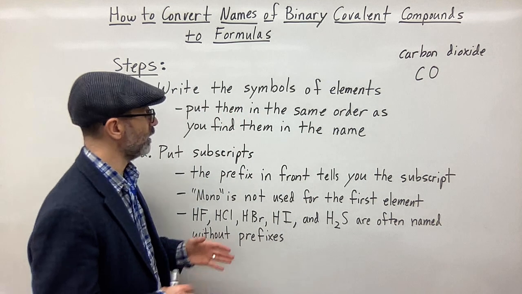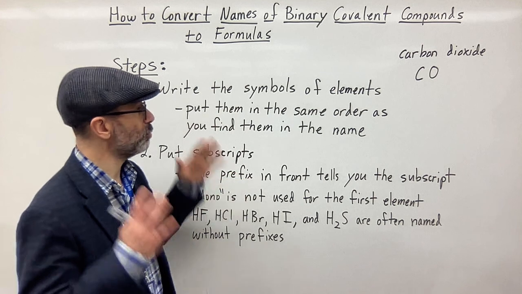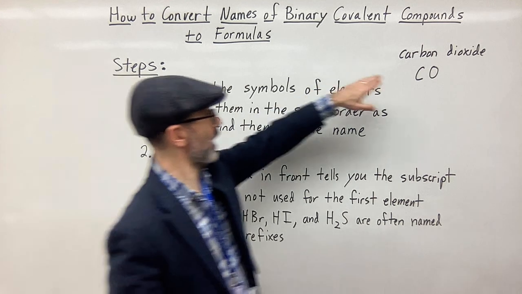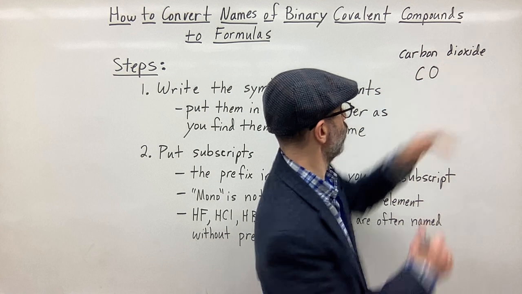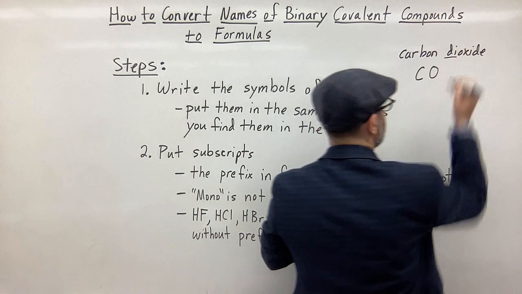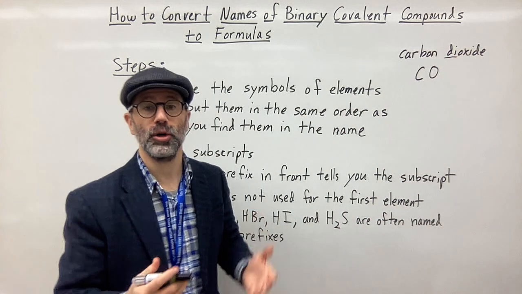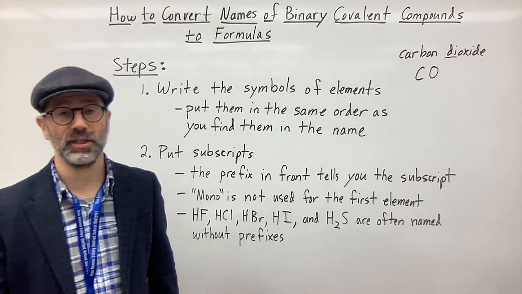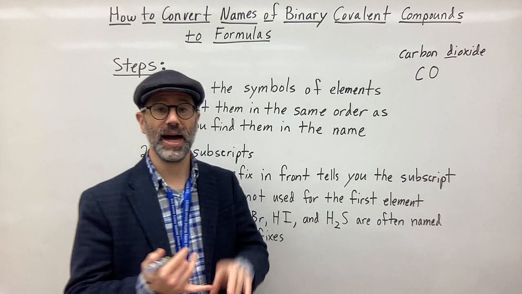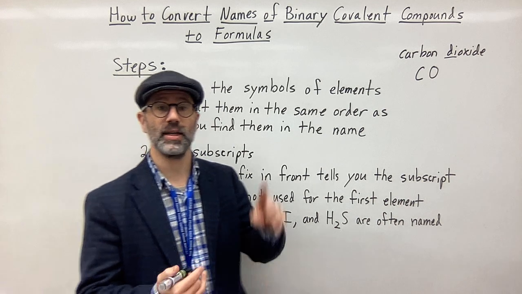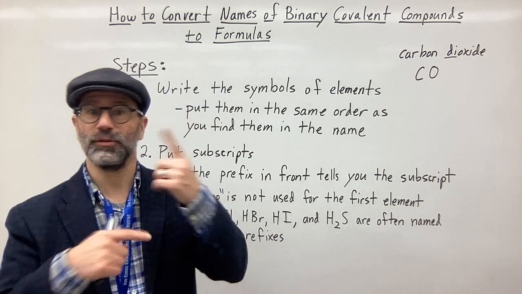Okay, so then we're going to do the prefix for the other one. So here we have the prefix di. If you know your prefixes, which you should, right? You've got mono, di, tri, tetra, penta, hexa, hepta. Well, I flipped those two.